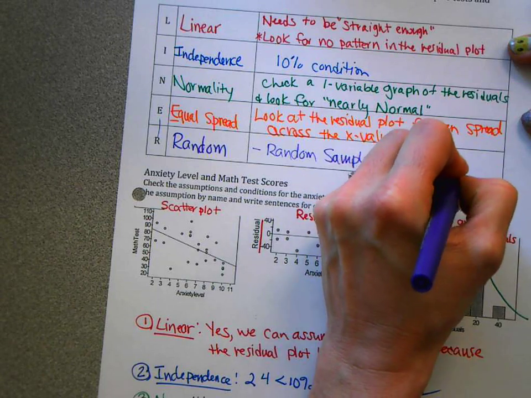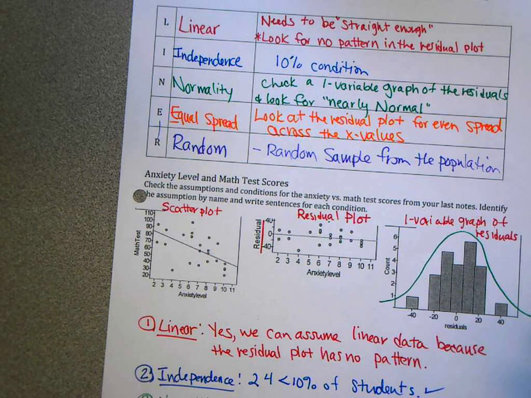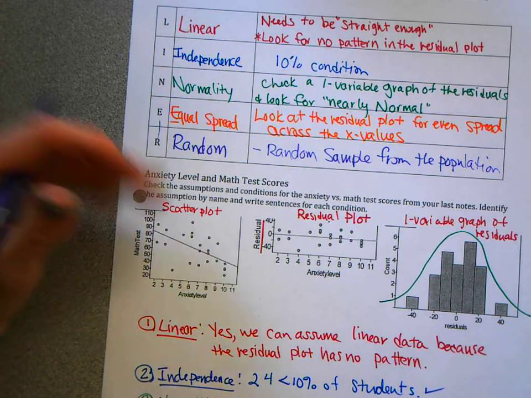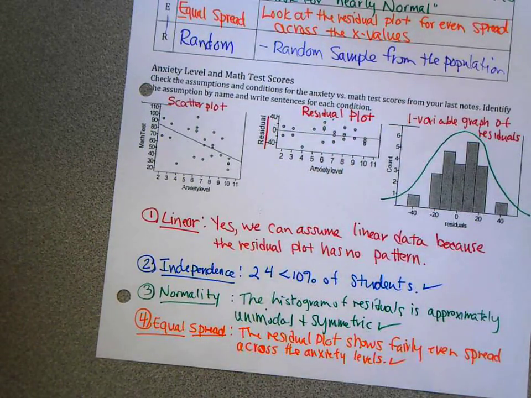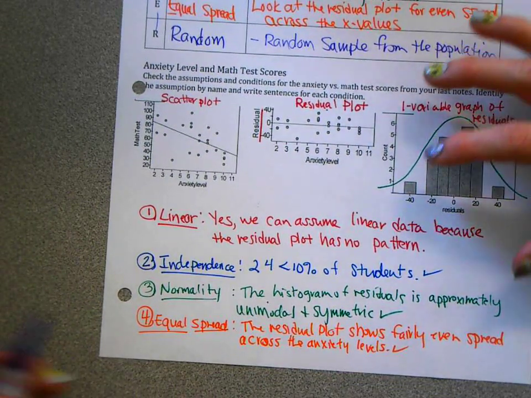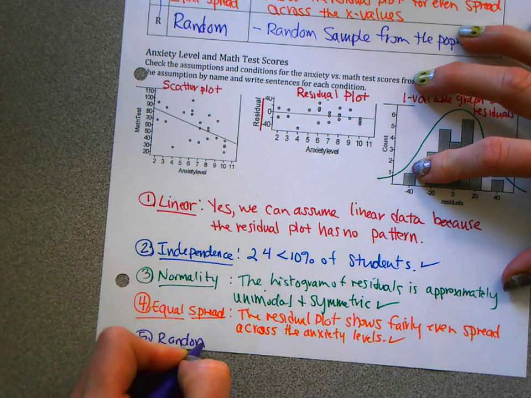That was actually not stated. We need to think back to our information from last class, where they talked about where they got this data from. I think it was just a class of students, and they just checked their anxiety level and then their math test scores. So we need to just say random, not stated. I guess we can proceed with caution.